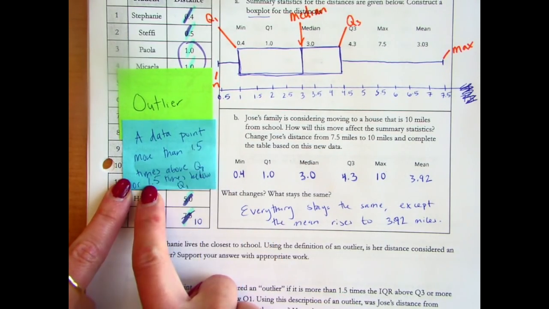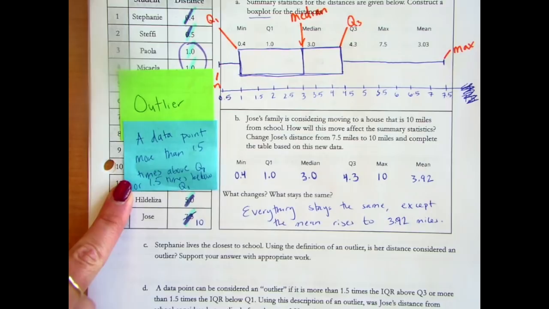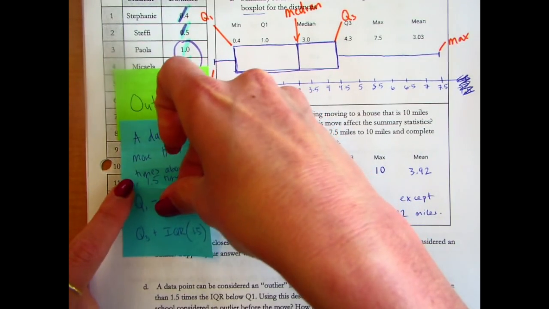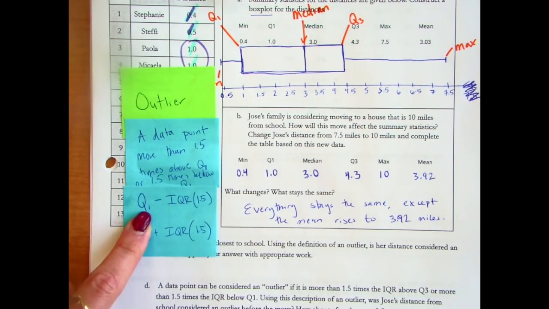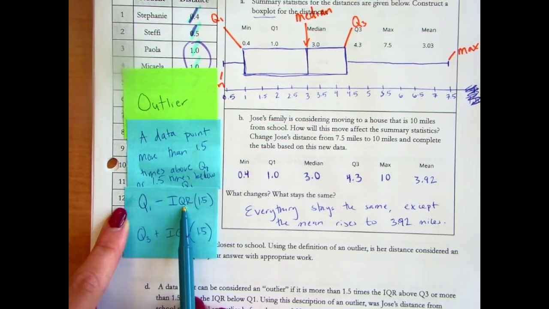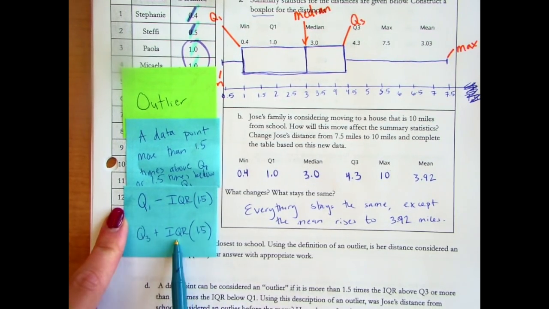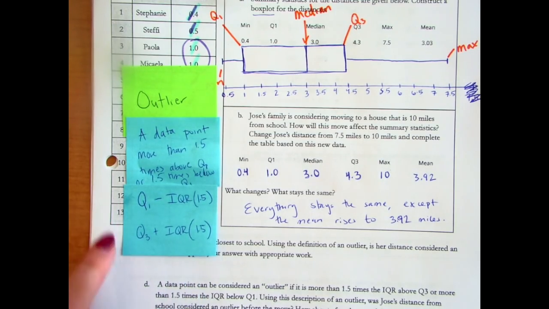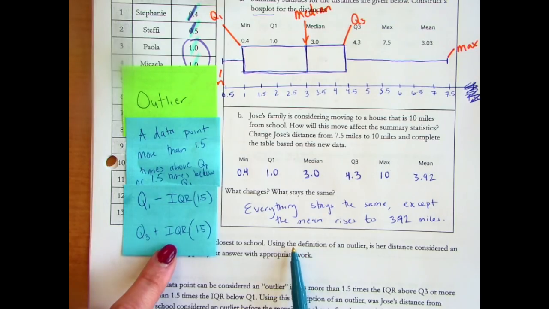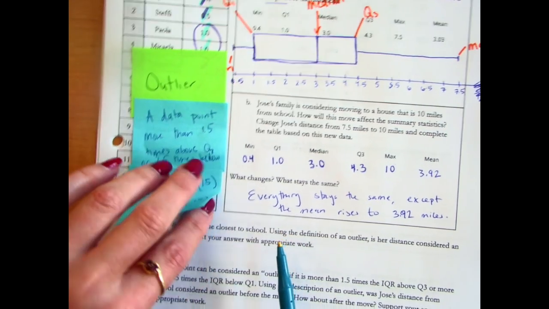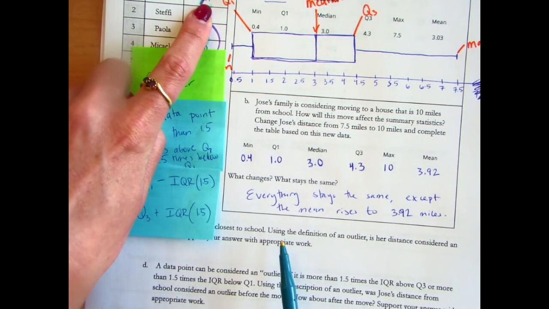So what I'm going to do is see if she's more than 1.5 times the IQR less than Q1. To do that, I'm going to quickly calculate the interquartile range, or IQR, up here. The IQR is Q3 minus Q1, which in this case is 4.3 minus 1, which is 3.3.